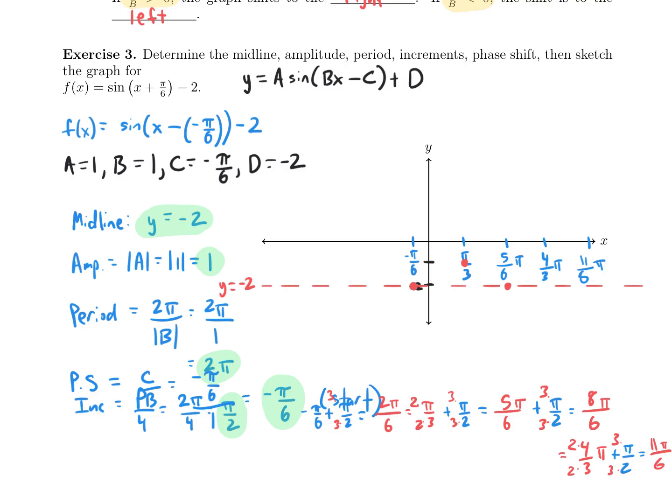And then you're going to go 1 unit down, which would be -3, at the next increment. And then finally, at the final increment, you go back to the midline. Now you can connect those points in a smooth curve. And that is our final answer.